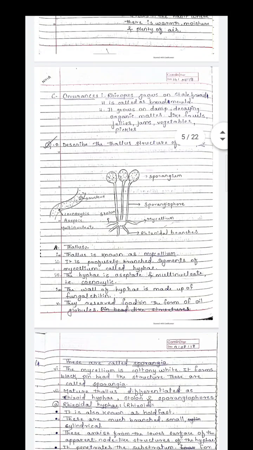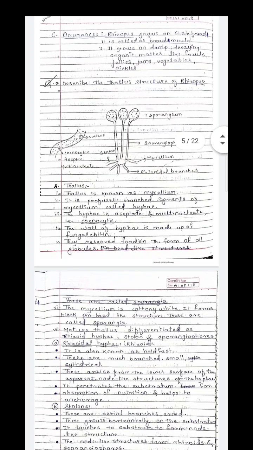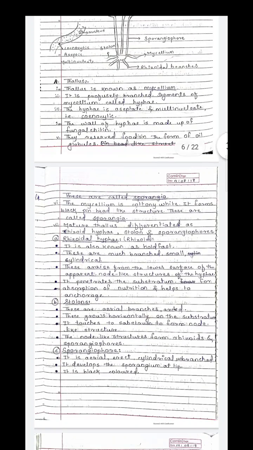Then the cell wall is made up of chitin. Then the reserve food material is oil droplets. Then on the mycelium, the black pinhead-like structure is called the sporangium. So these are the important words, and questions may be asked on these different words.